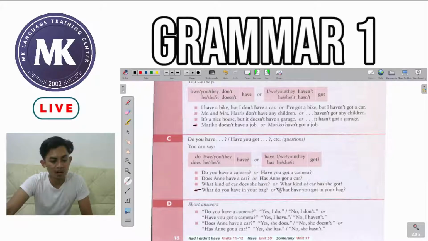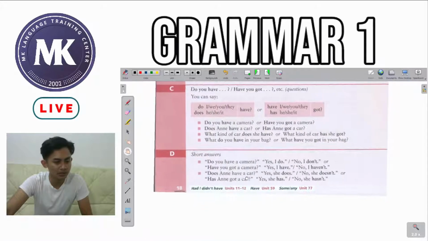Okay, so that's how you make this sentence that starts with "does." And this one, what do you have in your bag? If you want to follow your WH question with your "do," you must have something at the end to help modify it so that we can know what you're trying to ask for. I hope if anyone has any questions, just ask them in the comments below.